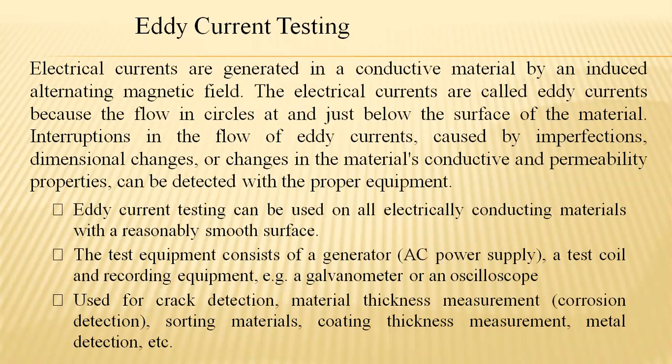Even the material thickness measurement can be identified, to how far corrosion detection can be carried out. Nothing but upon the oxidation process, how far the corrosion takes place on the surface of the materials can be examined clearly without destroying or causing inconvenience to the internal layer of the actual material.